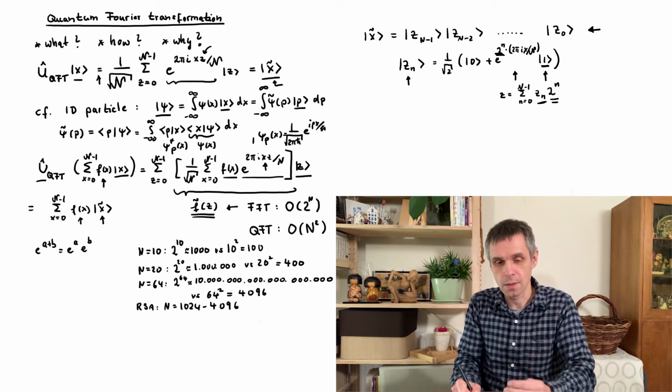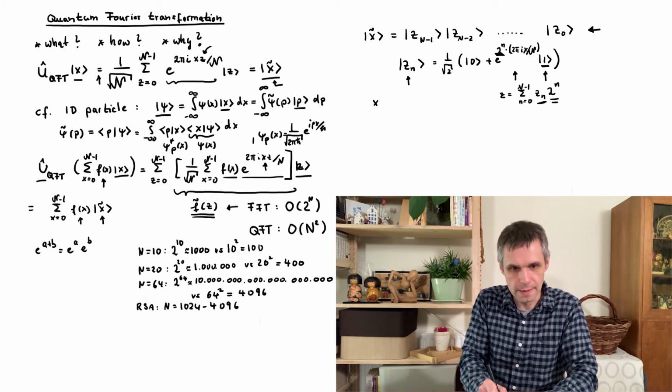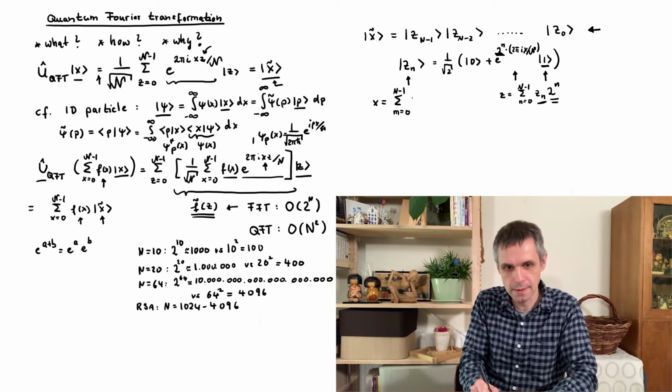Well, x can also be written in this way, but let me write this with an index m, because n already appears above, but this is still running until N minus 1, capital N, and then we have this representation here.